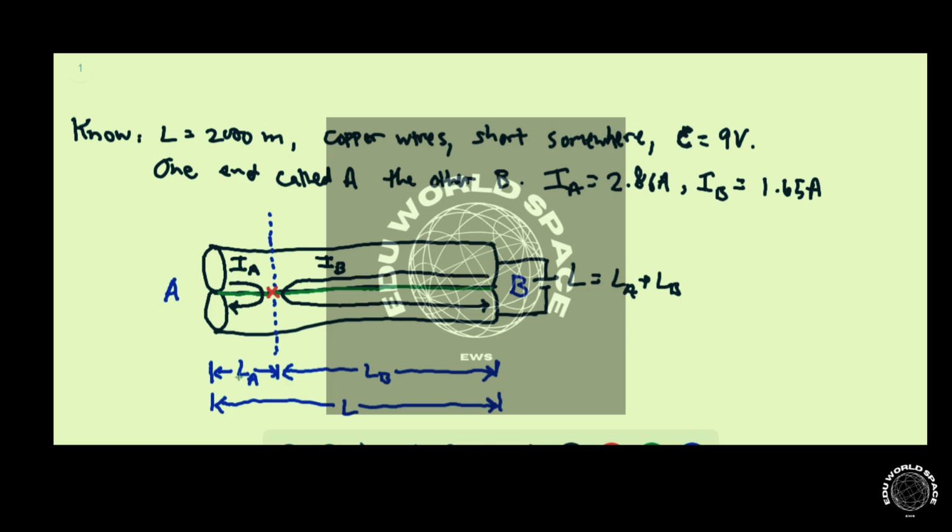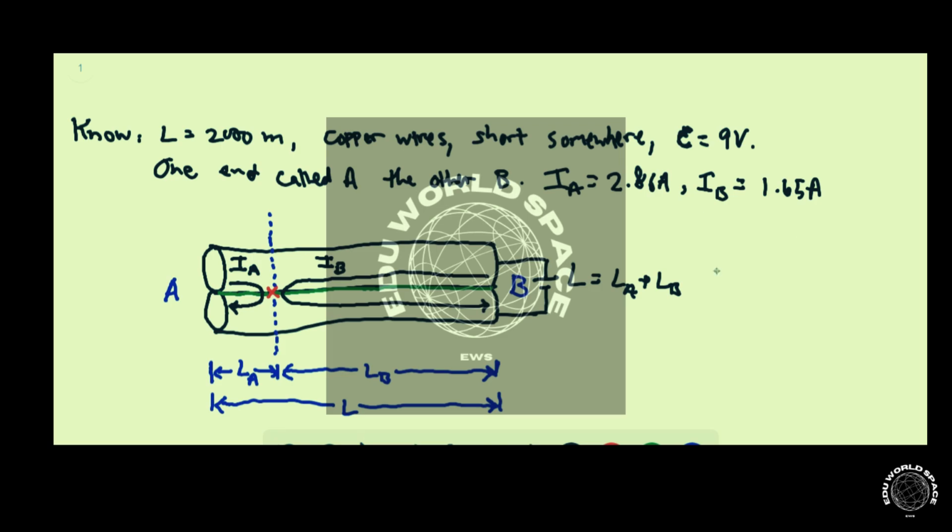And what I've also done is divide the wires. I segmented the length. This portion from A to the break I call LA, and from B to the break, or the short point, I call LB. Obviously, the total length is the sum of the two segments, and the total length we're already given is 2,000 meters.